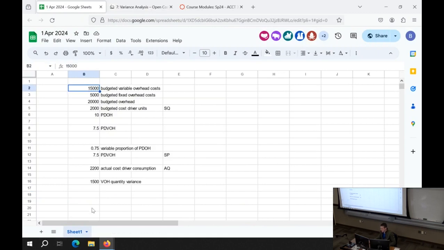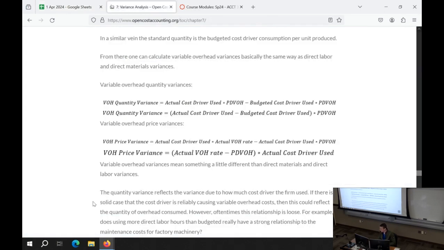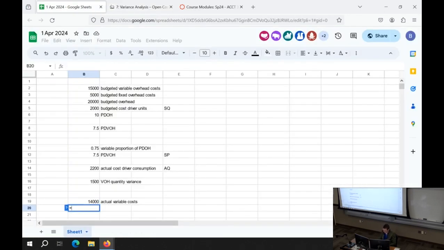We budgeted $15,000. Actual total variable overhead costs, let's say it was $14,000. So that's our actual variable overhead costs, and we can divide that by 2,000.